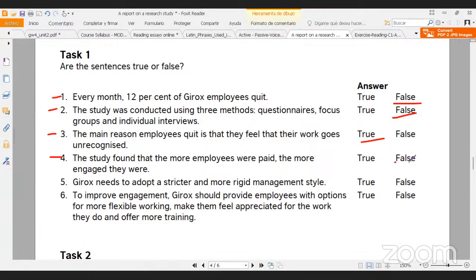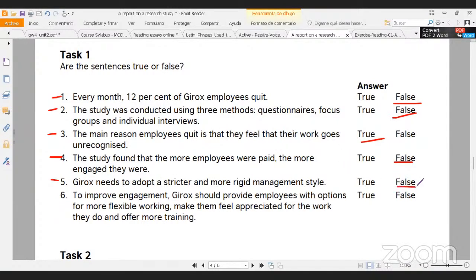False, teacher. That's correct. 5, Joanna. Xerox needed to adopt a strict and more rigid management style. True. False.